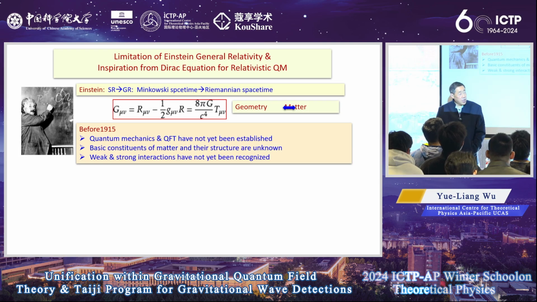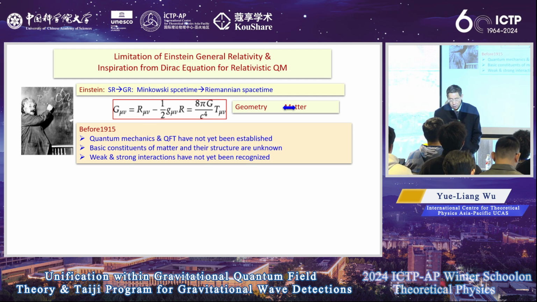And then what is the limitation of general relativity? In Einstein's equations, the left-hand side is geometry and the right-hand side is energy momentum. The energy momentum is like the mass, momentum or distribution of matter, but it does not matter about the intrinsic structure.